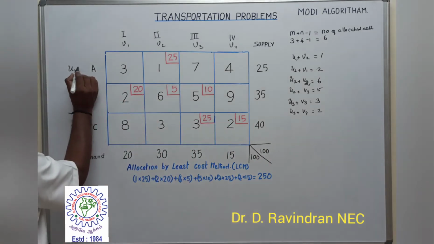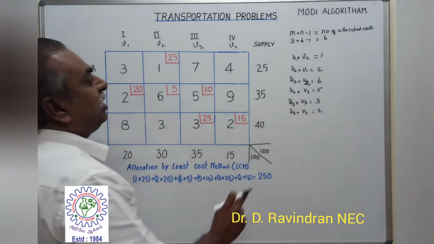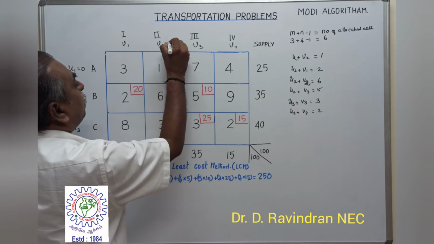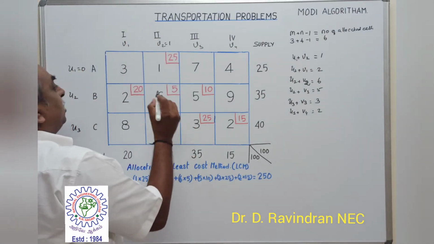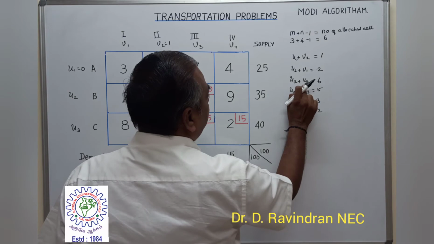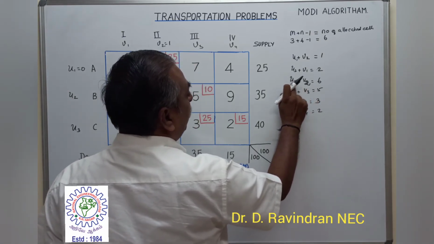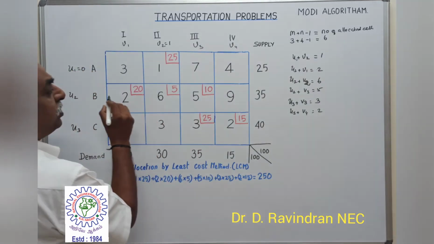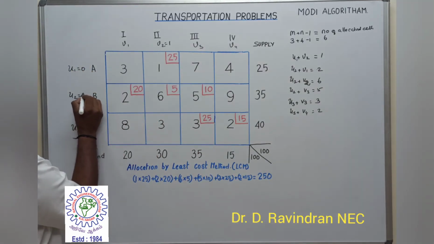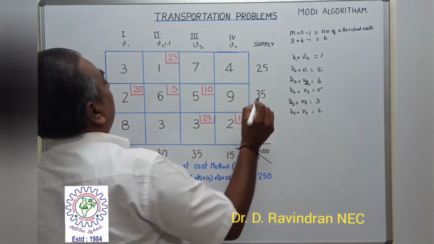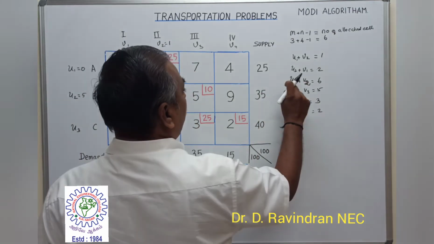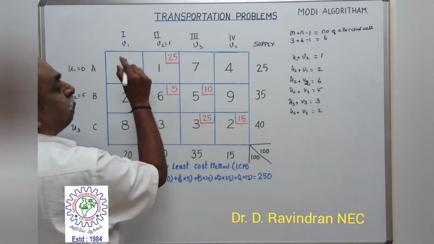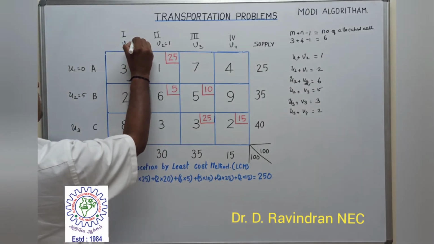Now we can assume u1 equal to 0. Then if u1 is equal to 0, v2 equals 1. When v2 is equal to 1, we can substitute: u2 will be 6 minus 1, which is 5. When u2 is 5, we can substitute here: v1 equals 2 minus 5, which is minus 3.